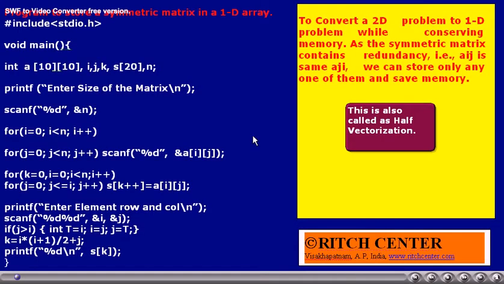The program for this purpose is shown in the slide. Here a 2D array A is declared and a 1D array S is also declared. We want to store the lower triangular elements of the 2D array A in the 1D array S. First, data is read into the 2D array.